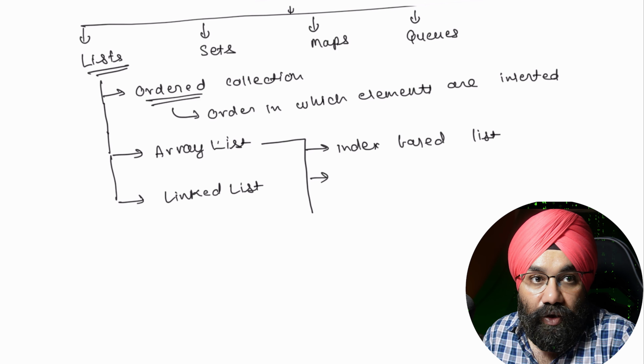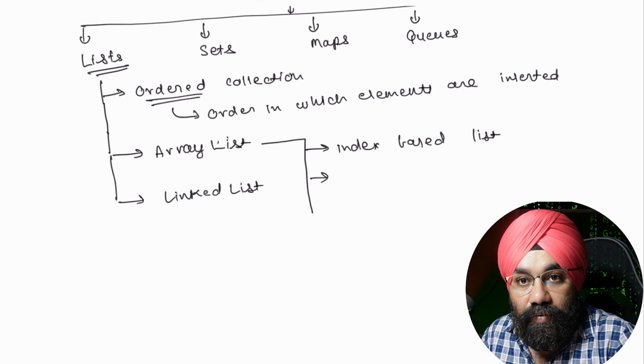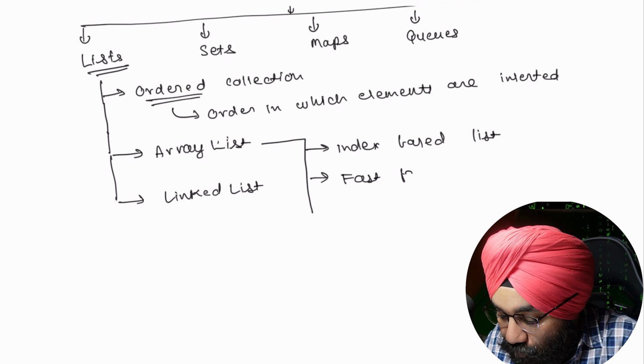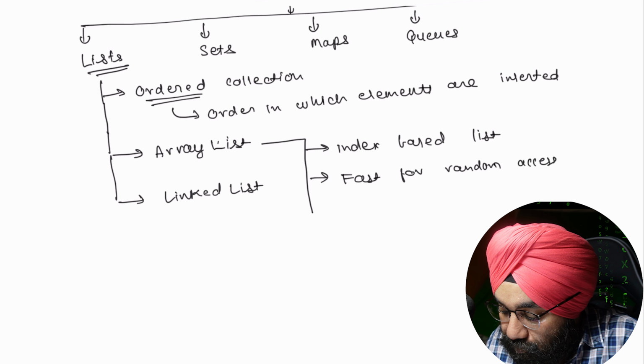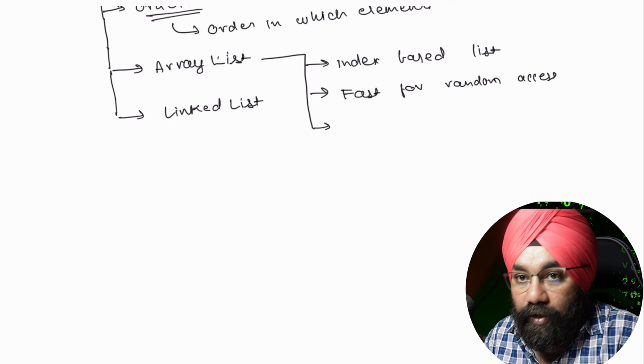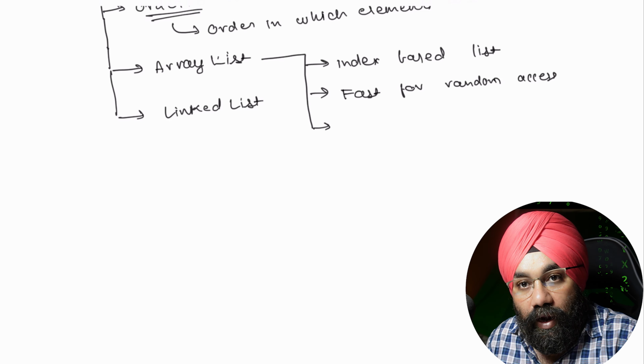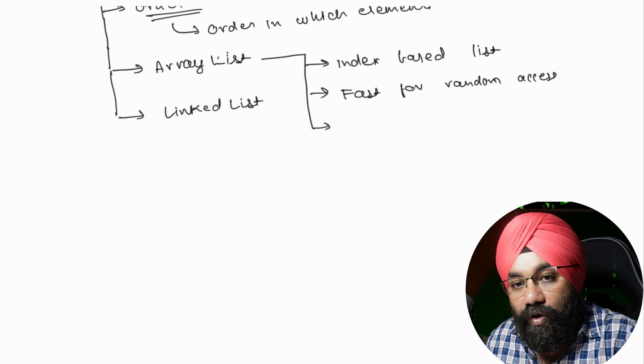Because you can access any element using its index, it is very fast for random access. And it is resizable. It doesn't have a fixed size, so you can continue to add any number of elements in the list.